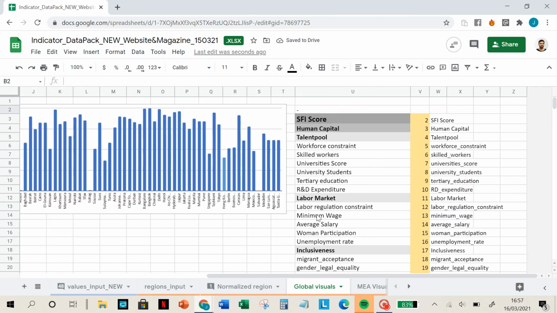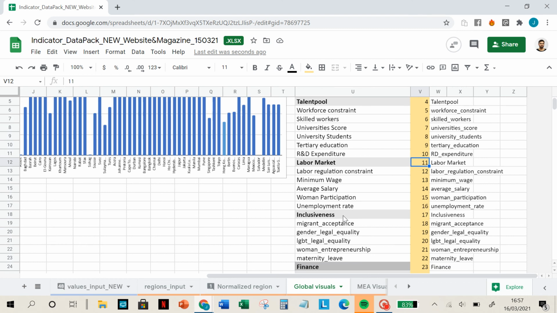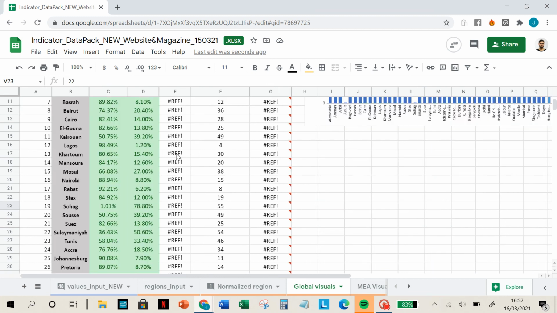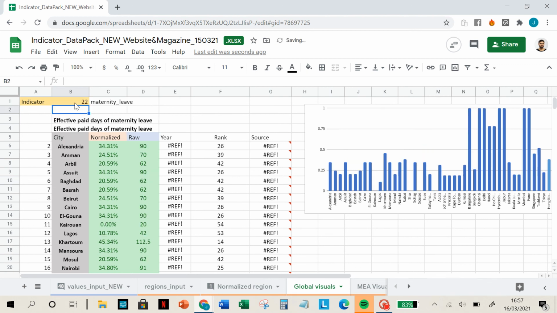So you can go here on the same color that you have here to select the number, and you would go, for example, to maternity leave. For example, it is number 22. So you go here, you put 22, and you actually have the information about maternity leave.